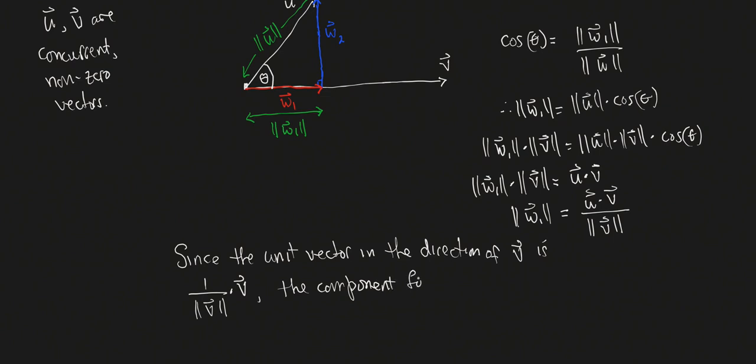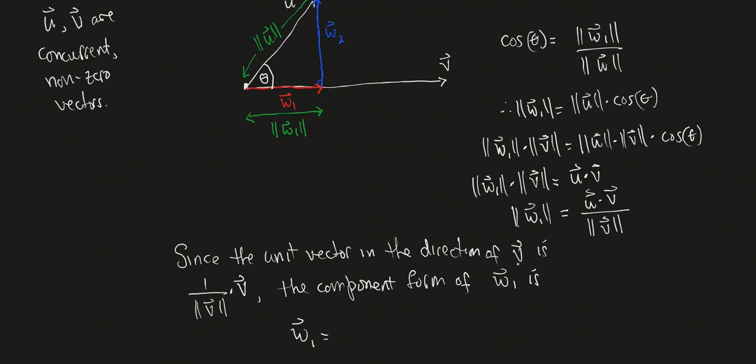the component form of w1 is, so here is the nice formula for w1, and I'm going to take its magnitude, which is this, because if you look carefully, notice that this is a scalar, because the dot product is a number, the magnitude is a number, and we're taking the ratio of these two numbers.